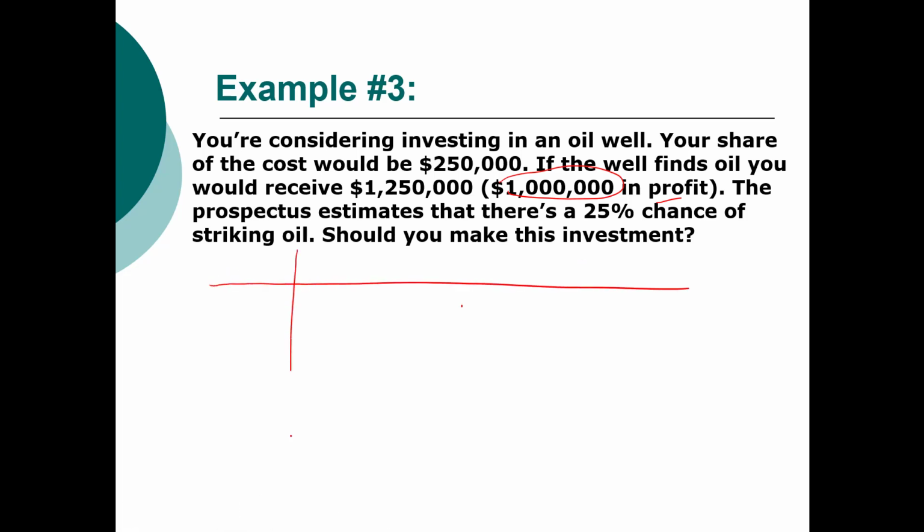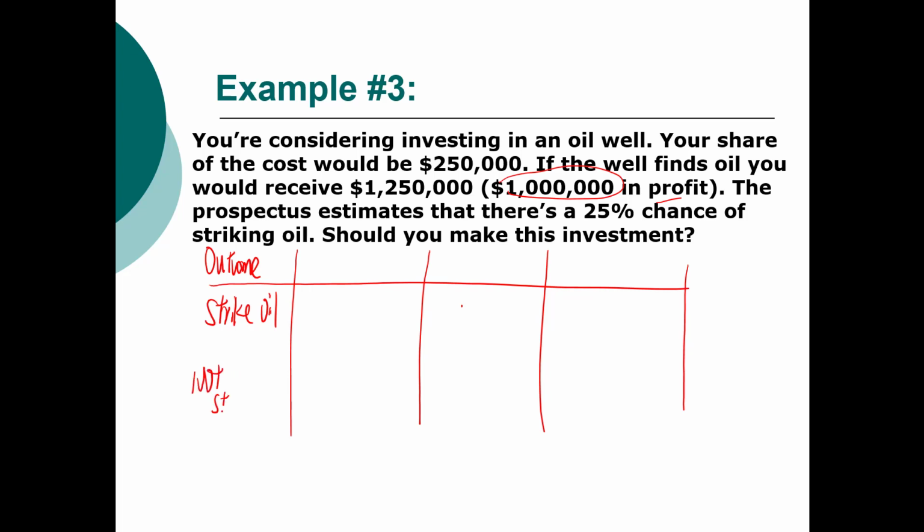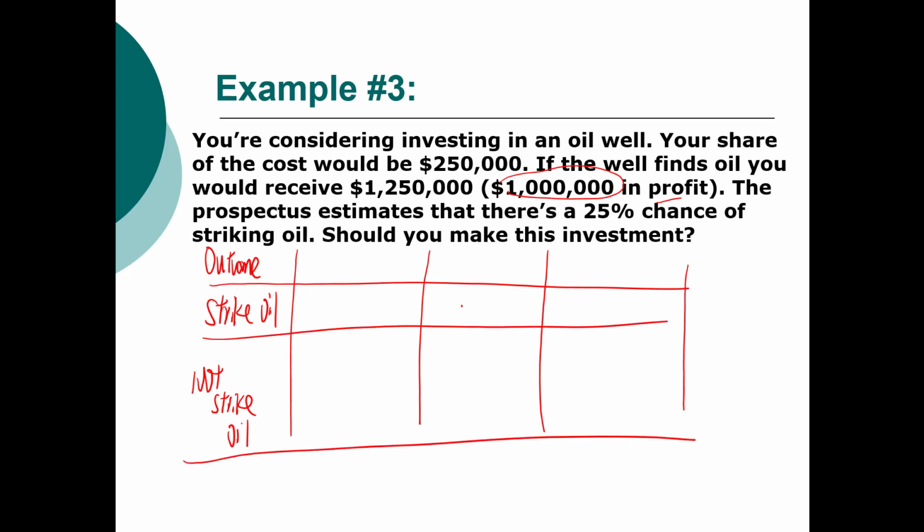Okay, again, this investment has 2 outcomes. You strike oil, meaning you're going to have a profit of $1 million. Or you do not strike oil. In terms of monetary reward here, if you strike the oil, you get $1 million profit.